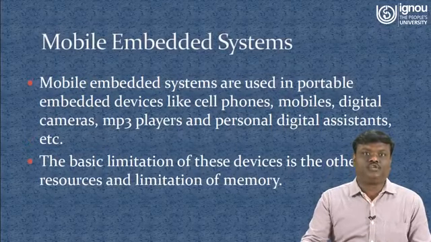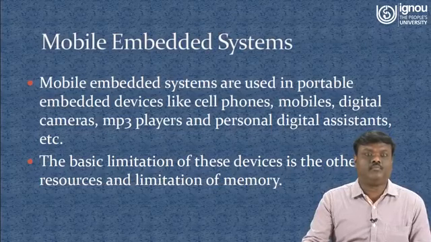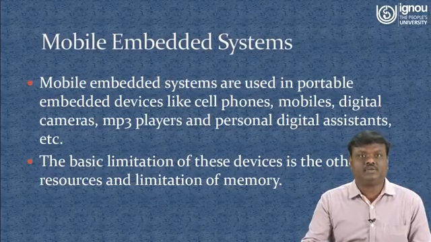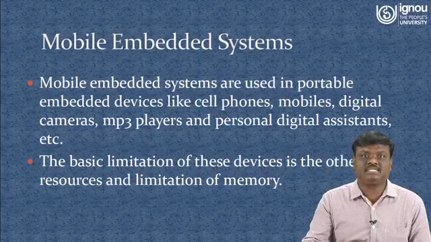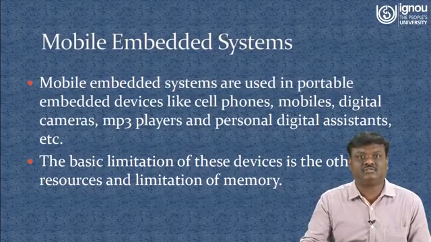Then the fourth category we can talk about is the mobile embedded system. Mobile embedded systems are used in portable embedded devices like cell phones, digital cameras, MP3 players and PDAs. The basic limitation of these devices is other resources and limitation of memory.